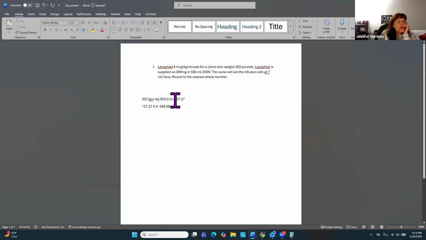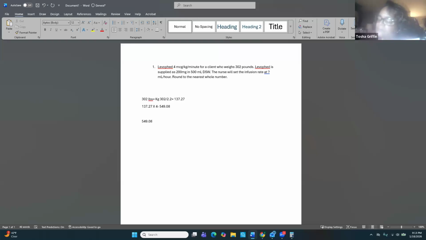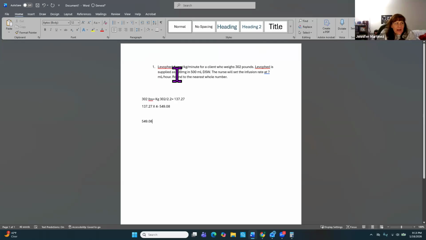Okay. So we know the total dose that we want is going to be the 549.08, right? So that is our desired. It's supplied as 200 milligrams in 500 mLs.